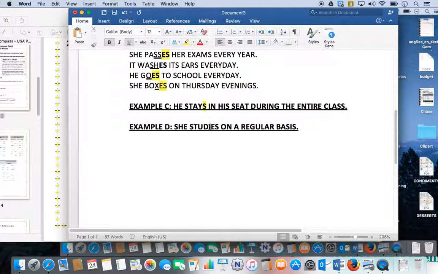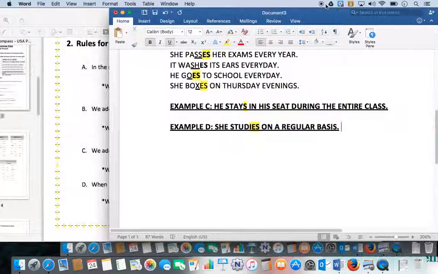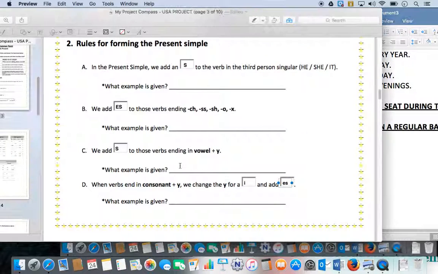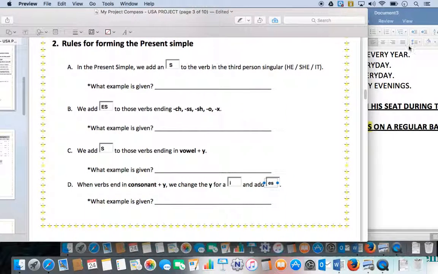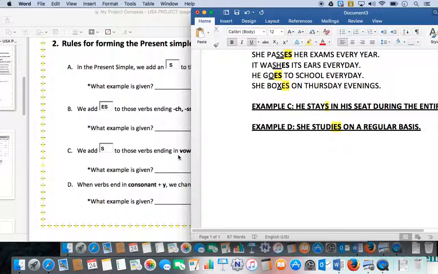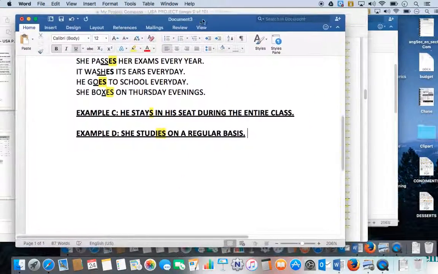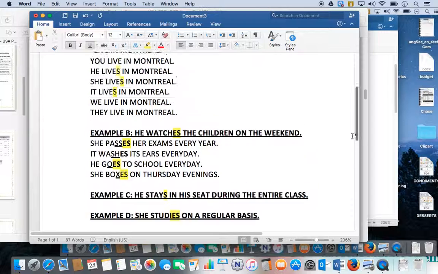Okay, so just like this. Okay, and other examples. There are many examples of verbs that end in a consonant and a Y. Okay, so make sure that you're going ahead and you're marking down the examples that we used here.